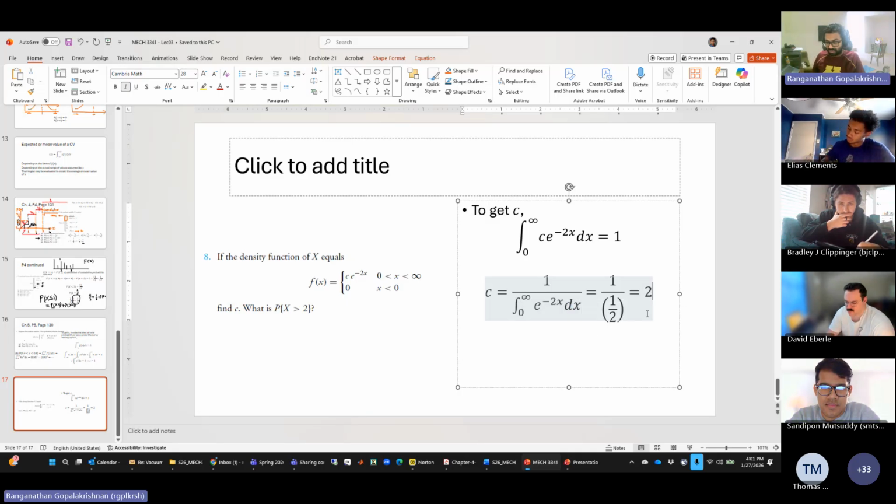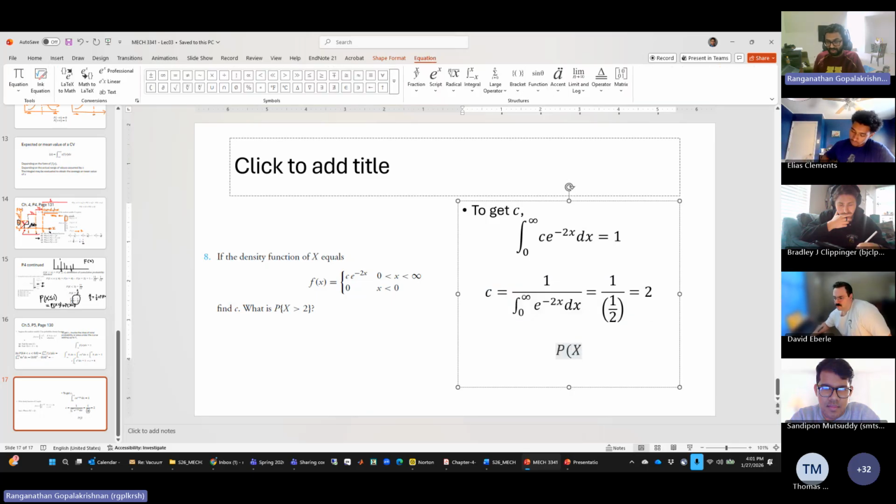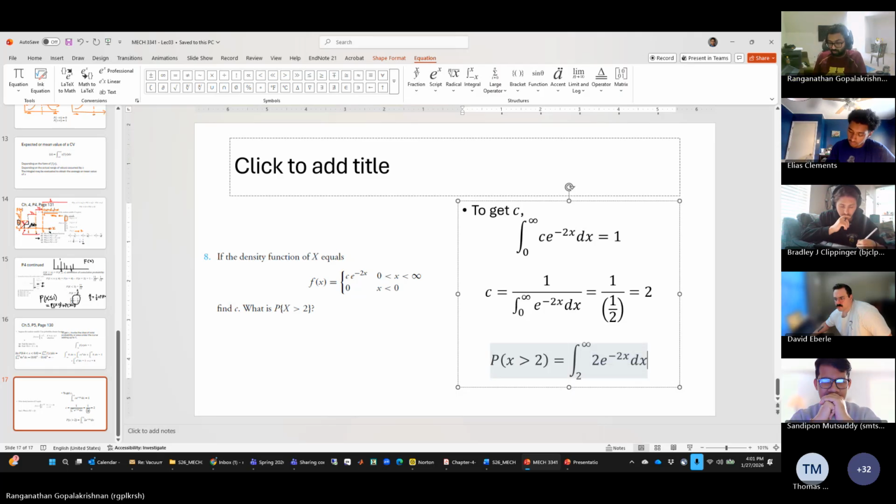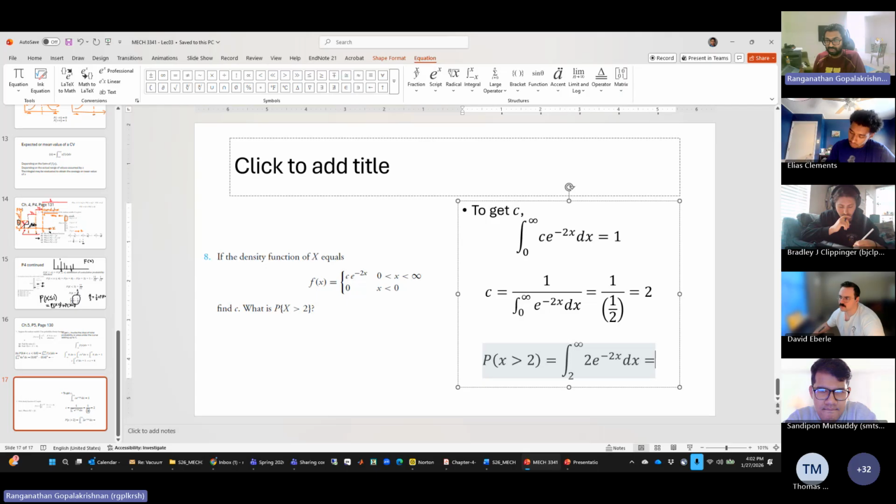Okay, so then we are asked the question, what is the probability that X takes values that are greater than 2, which would be the integral from 2 to infinity, C is already 2, of e power minus 2x dx, which you can actually solve a little conveniently with the idea of density function, but that's okay.